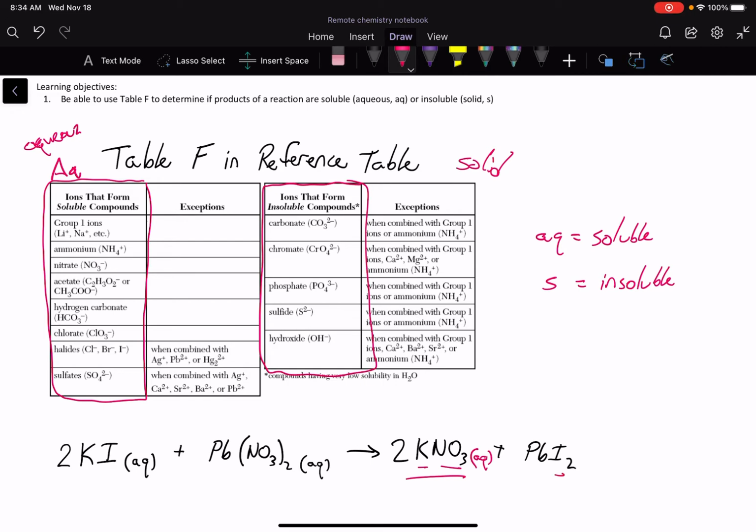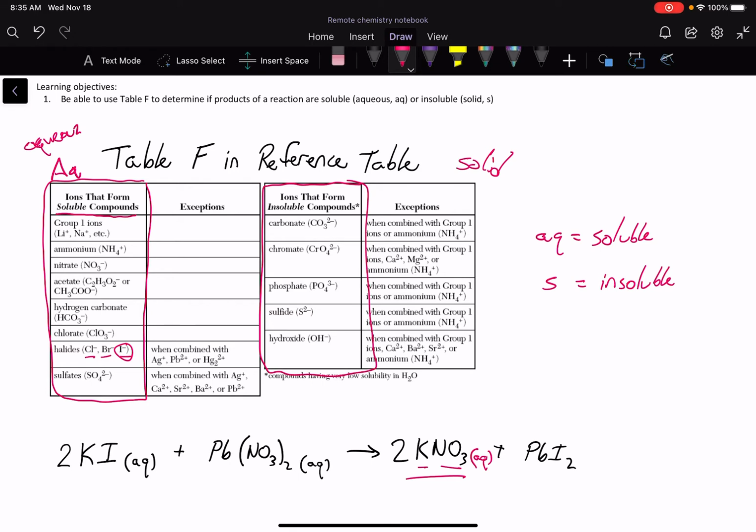All right, so now let's look at lead iodide. Lead is not on this table, but if we look for iodide, that is right over here under the halides category. Every compound that contains chlorine, bromine, and iodine is considered soluble.